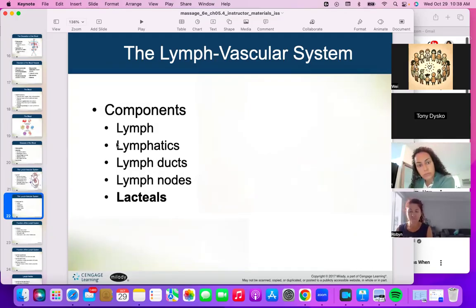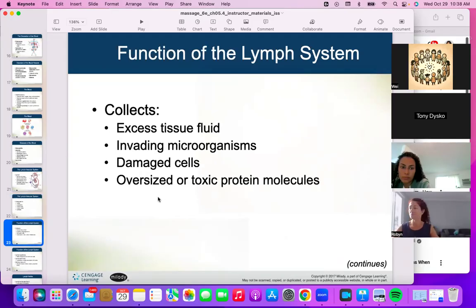The components of the lymphatic system are the lymph fluid, the lymphatics, the vessels, the ducts, and the lymph nodes where the lymph gets filtered, and the lacteals, the vessels you find in capillaries in the intestinal tract. The collection happens with excess fluid as well as metabolic waste, for example any microorganisms or invaders of the body that the immune system takes care of.